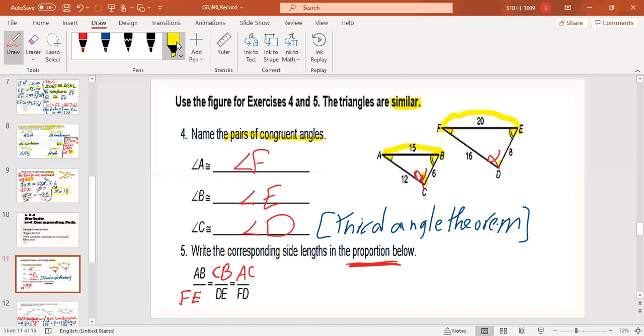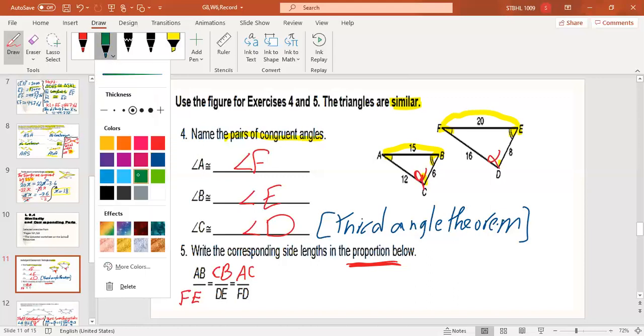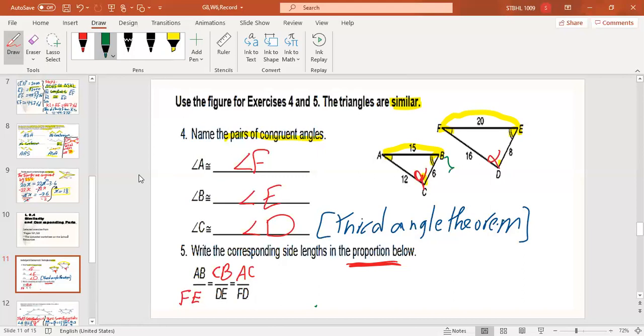And line segment CB corresponds to line segment DE. And finally, line segment AC corresponds to line segment FD.